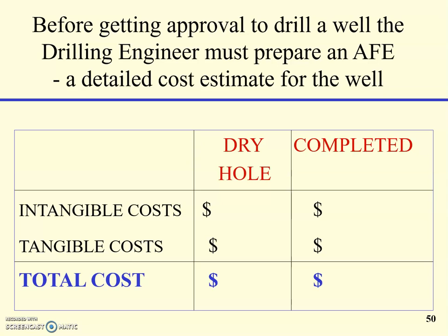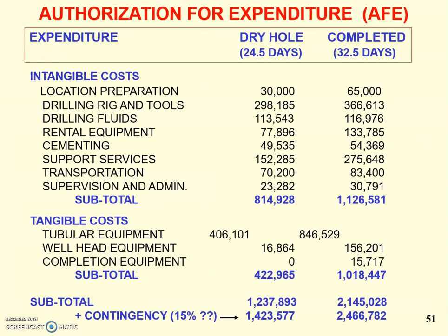So these costs could be time sensitive costs. It could be the cost of equipment, for example, tubular equipment, wellhead equipment, completion equipment. These are part of the tangible costs, or intangible costs such as location preparation, drilling fluid, drilling rig tools, rental, service, transportation, supervision, and admin.